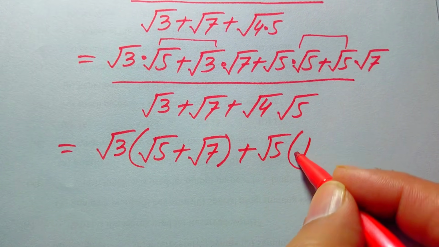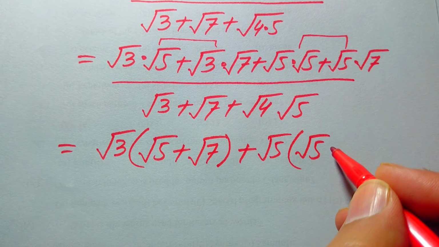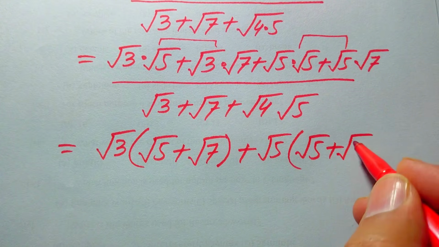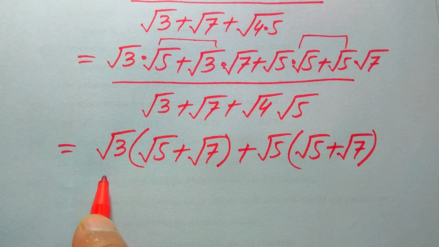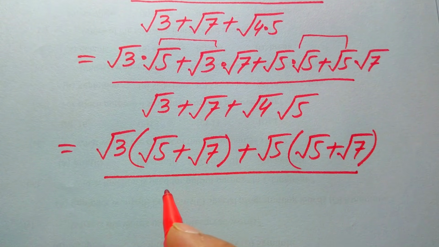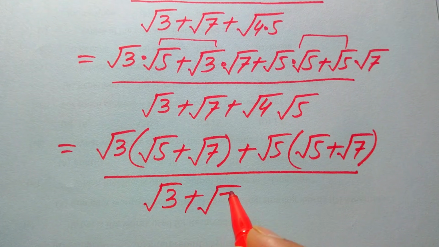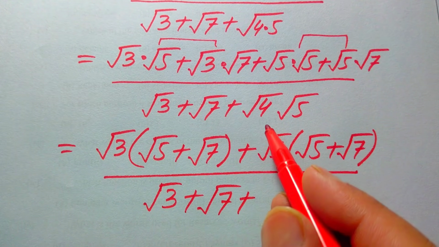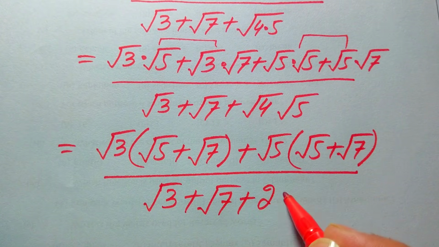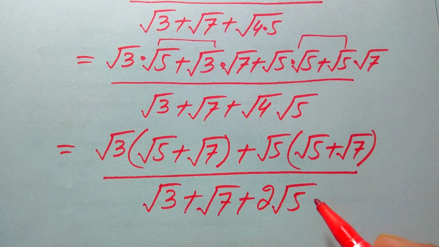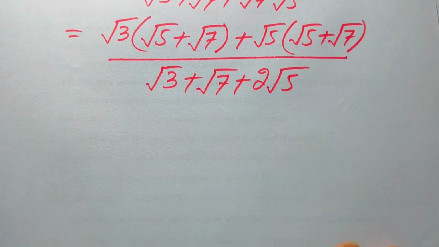After taking it common, we get the remaining values square root of 5 plus square root of 7, and it is divided by square root of 3 plus square root of 7 plus, we know that square root of 4 becomes 2, times square root of 5.